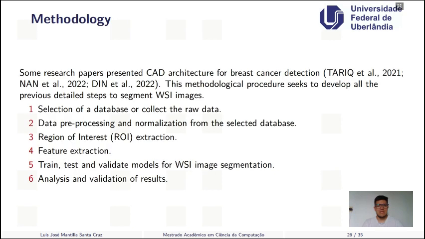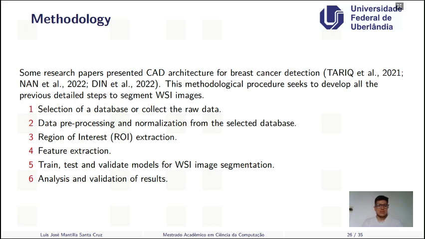The methodology. As a methodology, we will use a GAN architecture for breast cancer detection. We have many authors that describe the GAN architecture, and we studied the first slides. Well, we propose the next steps.